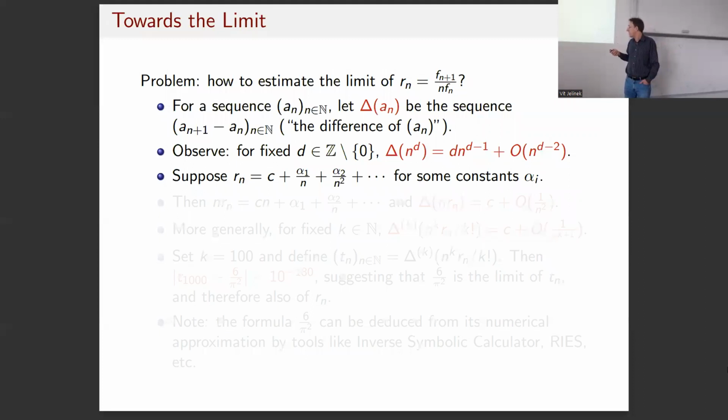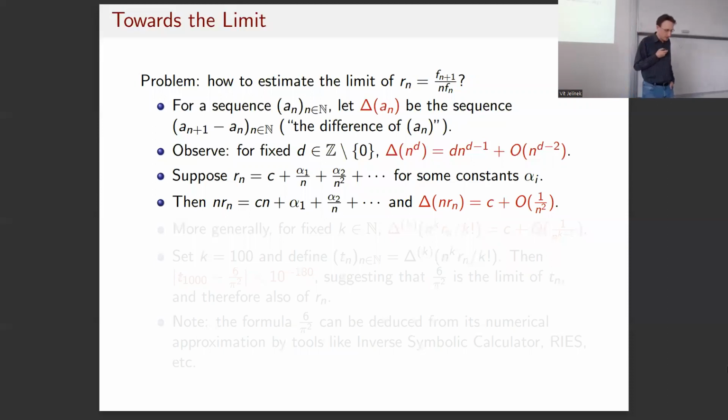And then with this hope, what I can do is first multiply my sequence Rn by n. Now I have a sequence where the dominant term is linear with the constant c and then terms of lower degree, and apply difference to this new sequence. So first I increase the degrees by multiplying everything by n, and then I decrease them by taking the difference operator, and I end up with a sequence where the beginning is differentiated into c.